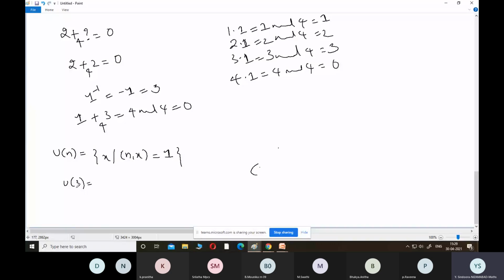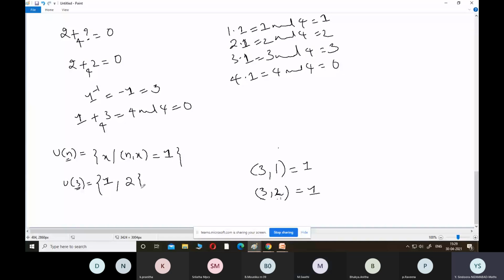In place of n, I have 3 here. If I take 1 here, what is GCD of 3 comma 1? 1. So they are relatively prime to each other. That is why I can write this element here. What is GCD of 3 comma 2? It is 1. The greatest common divisor of 3 comma 2 is nothing but 1 for us, so 2 is also an element of U of 3.